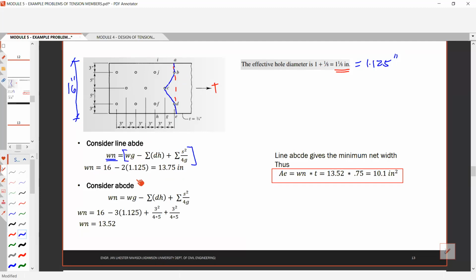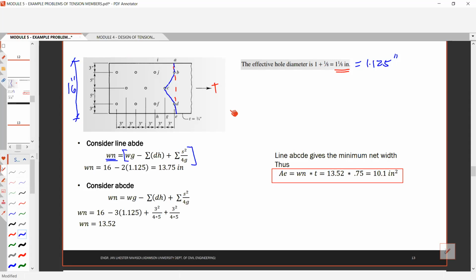Now, considering the line ABCDE, or the blue line, WN equals WG minus summation of DH plus summation of S squared over 4G. So now you have a diagonal crack, so you have a Cochrane's correction factor of summation of S squared over 4G.